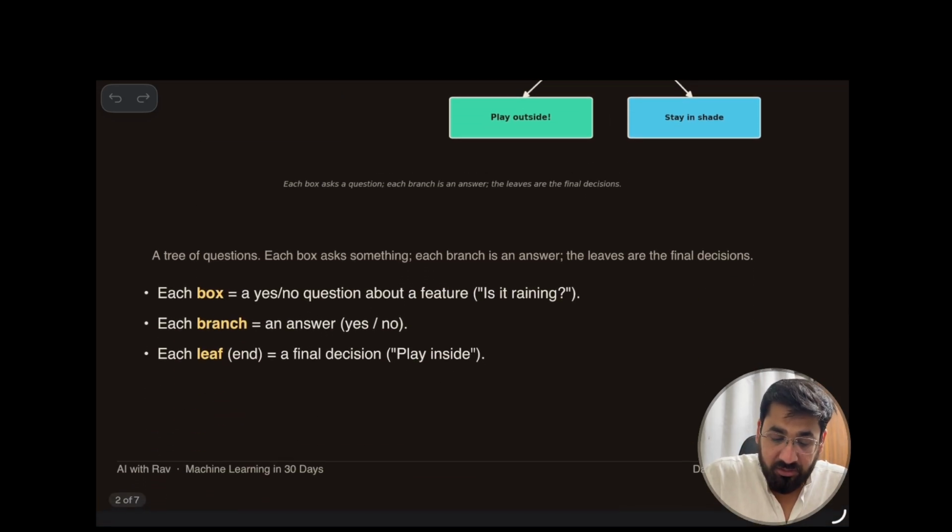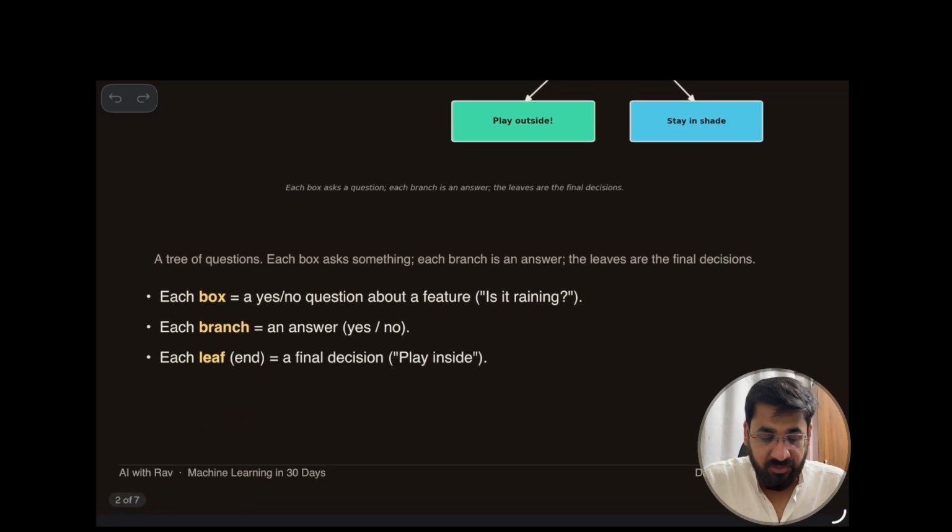What is it called in machine learning terms? These boxes are the features, the questions that I'm asking. Is it raining? Is it hot? Those are the features. The lines are the branches, they are the answers that you provided, and the final one is the final decision, like the leaf.